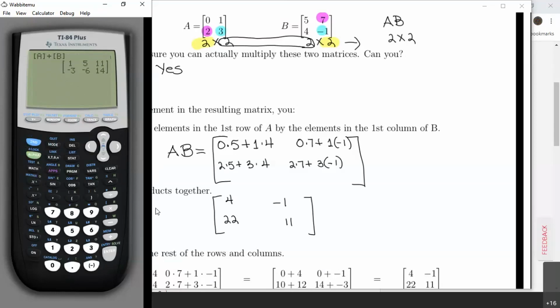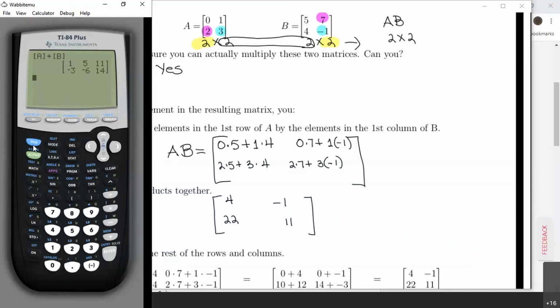Now again, in a TI, in order to multiply things, you don't really need to use the multiply key, although that would work. All I need to do is put matrix A and B next to each other, because in algebra, if you put two variables next to each other, it means multiply. And these matrices are functioning like variables, right? They've got names and they've got values in them.